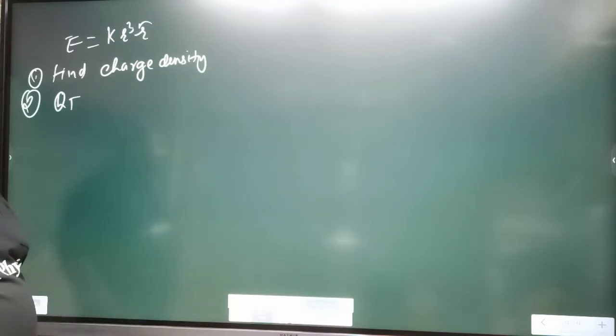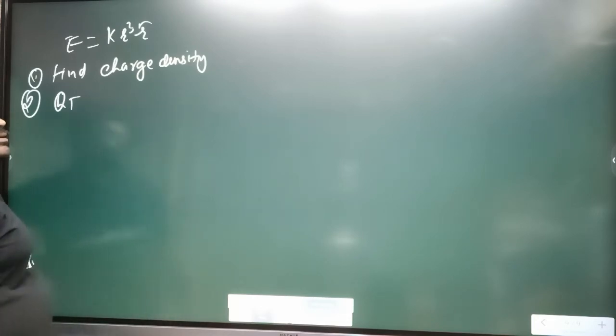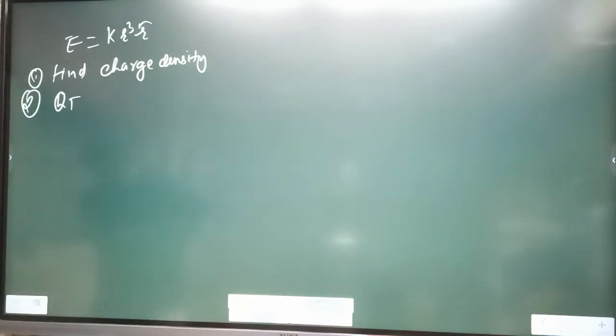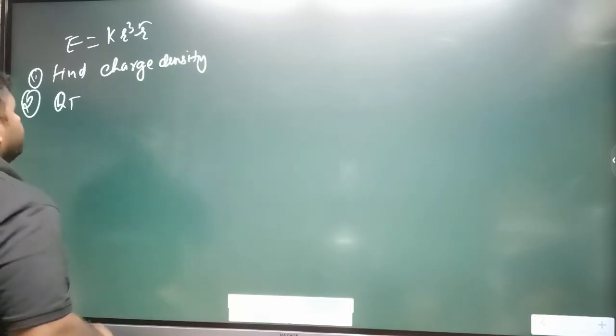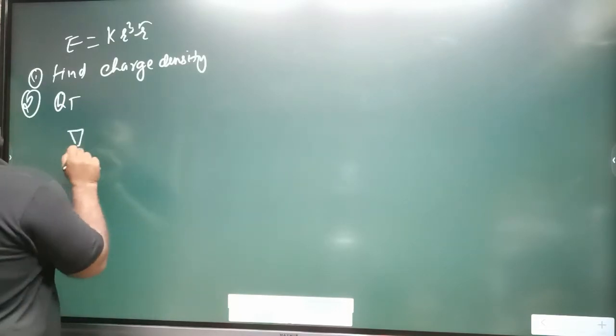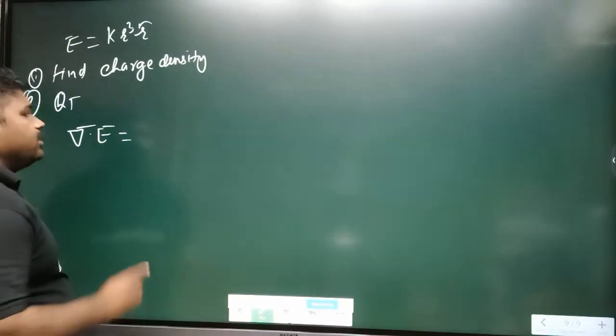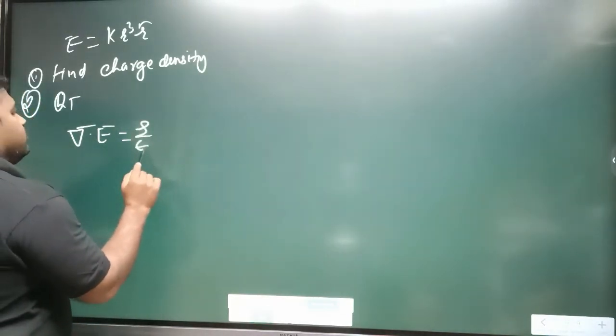Okay. How to find out the charge density? What is the relation between electric field and charge density? Yes. Del dot E is equal to rho by epsilon naught.